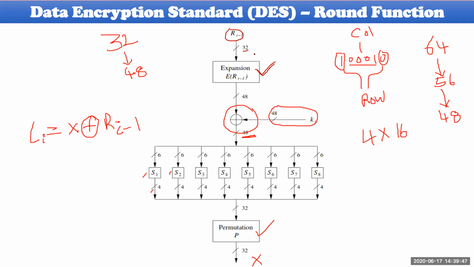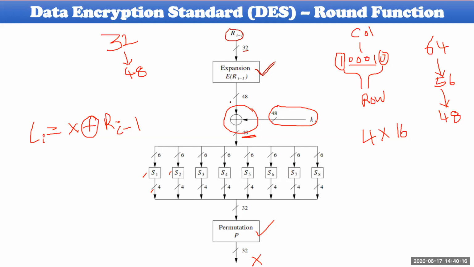Instead, your plain text will be divided into two halves, the right half and the left half. The right half will be 32 bits. This 32 bits will be expanded to 48 bits. The key value is 48, and our expansion of 32 bits is 48. Now exclusive OR will happen. At the end, I'll give you one example. Don't worry.